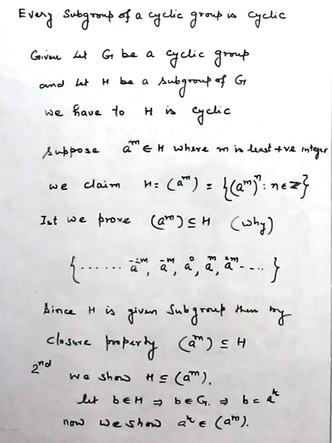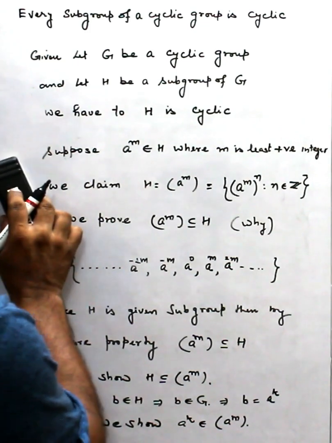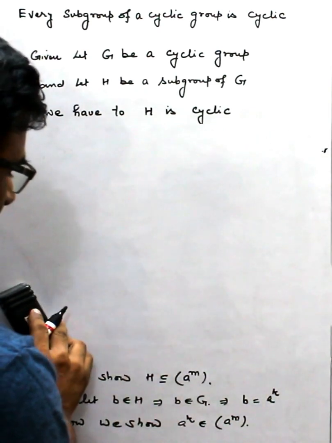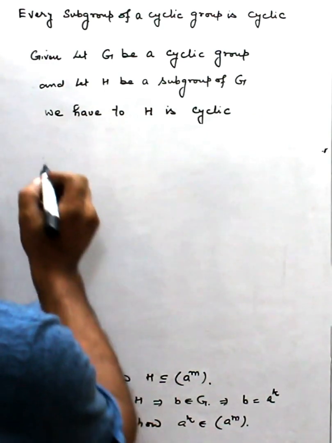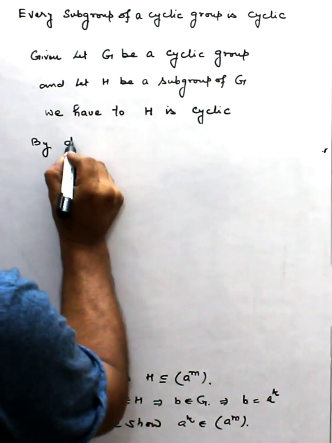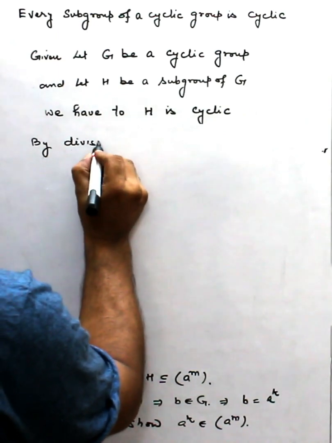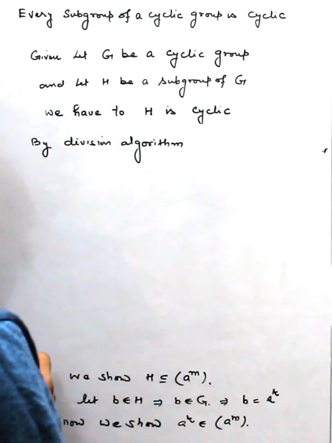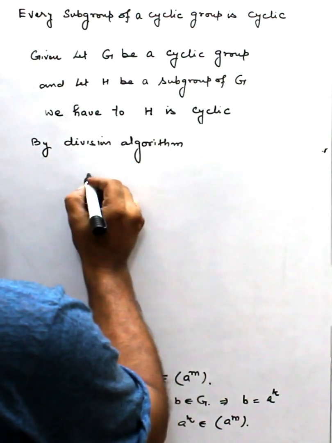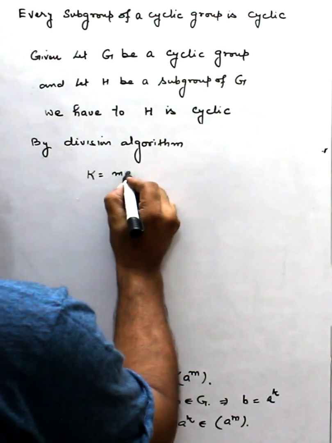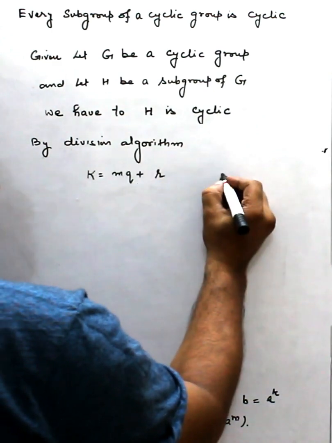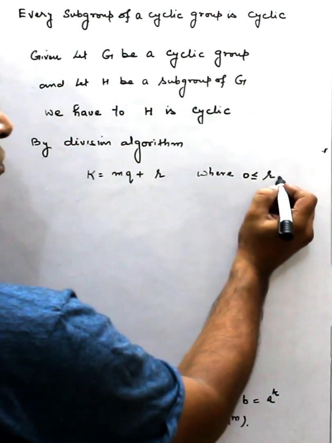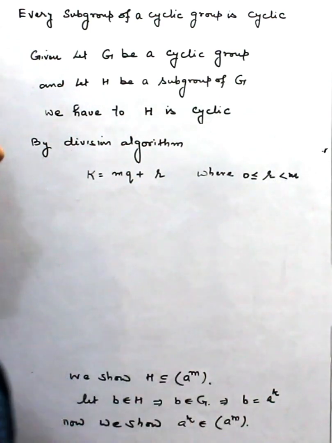Now by division algorithm, k is equal to mq plus r, where r is either 0 or between 0 and m.